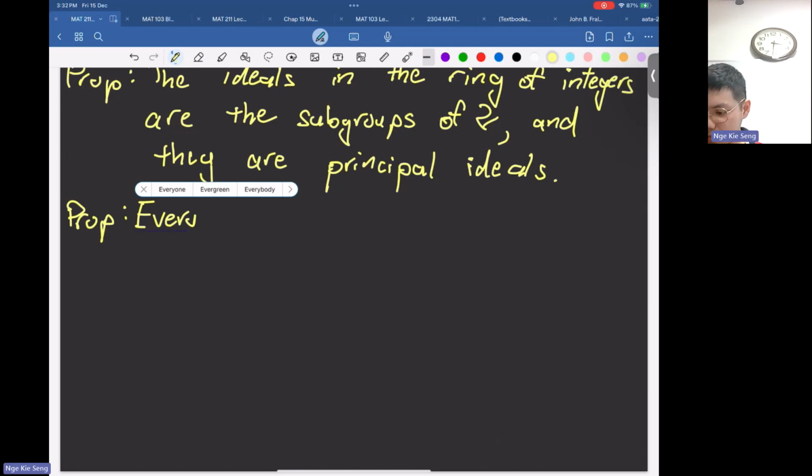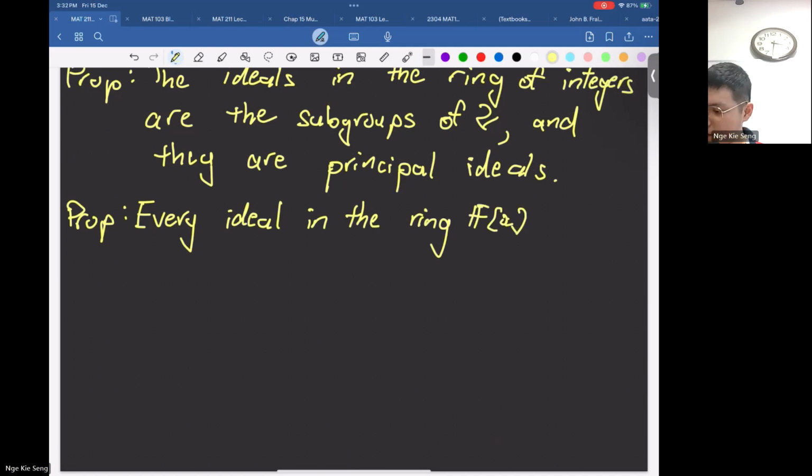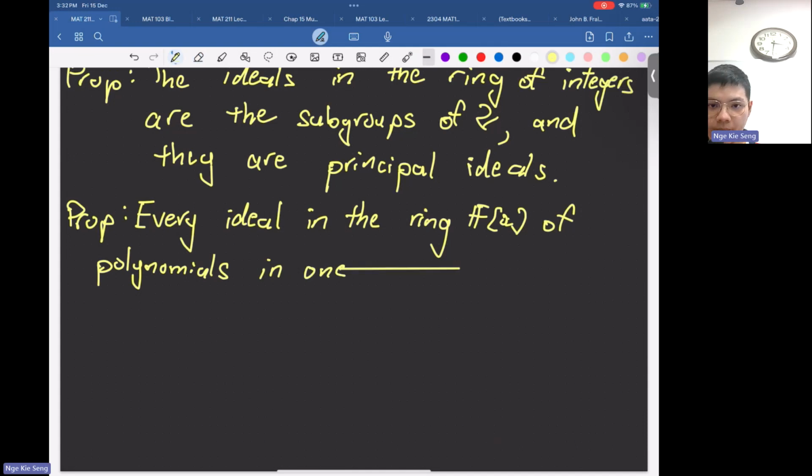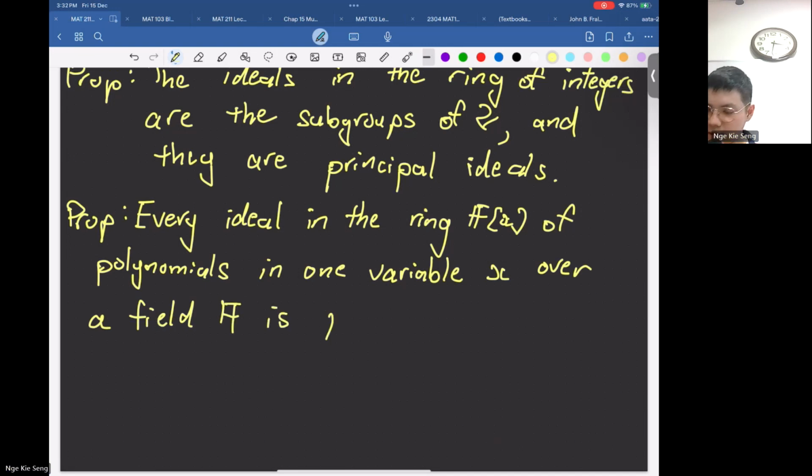The statement is every ideal in the ring F[x] of polynomials in one variable x over a field is a principal ideal.